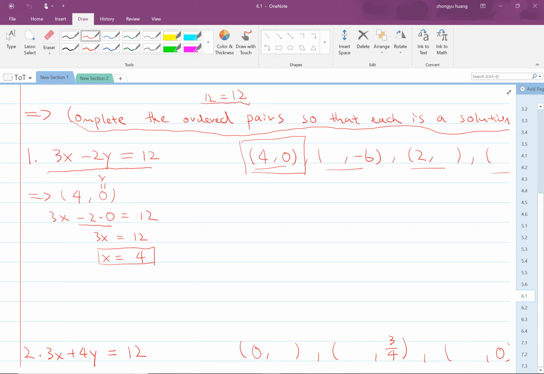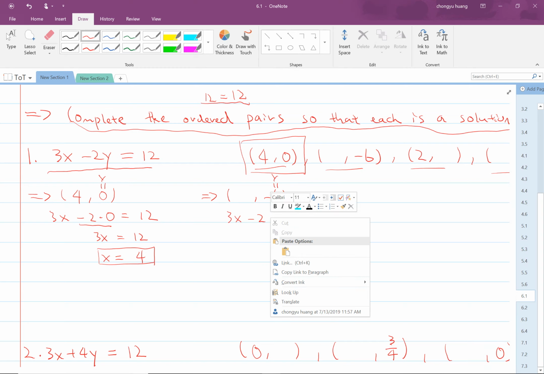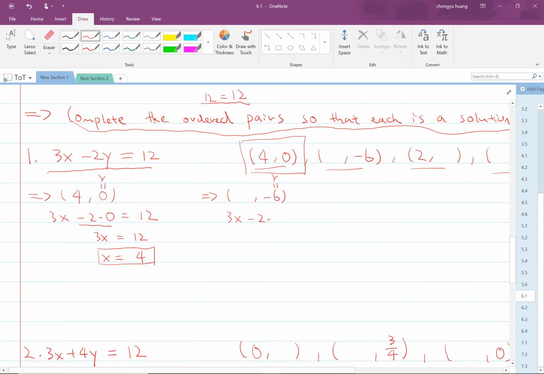So let's move into the second point. For the second point, we don't know anything about x but we know y is equal to negative 6, right? So we plug in: 3x minus 2 multiplied by y, where y is negative 6, equal to 12.